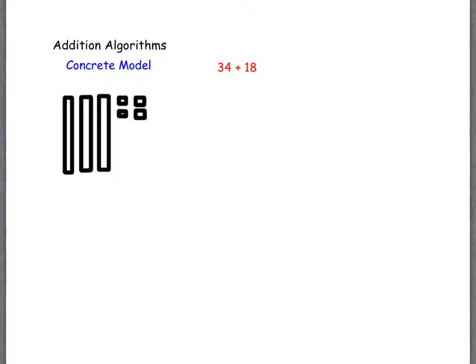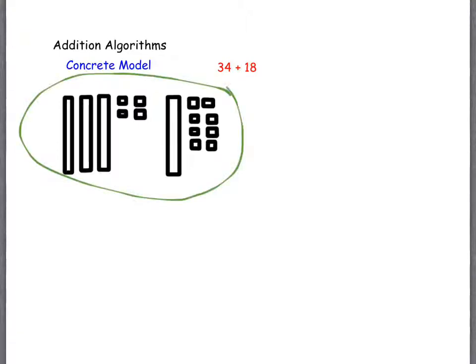And then we can talk about having 18, and so 18 would be 1 of these longs, and then 8 units. Okay, so we're combining these into a single quantity.